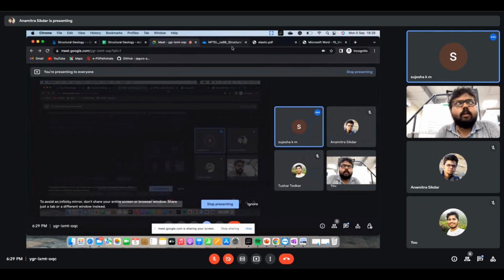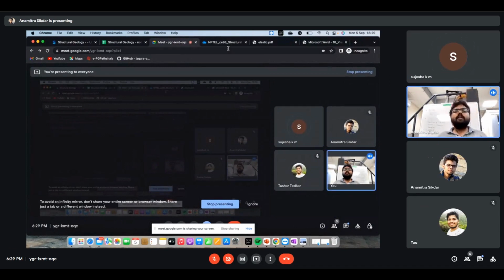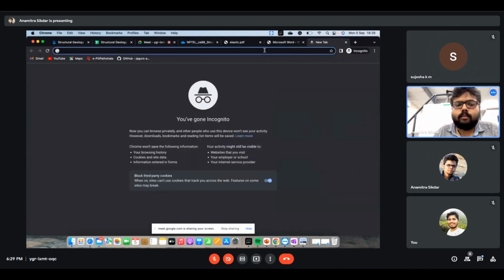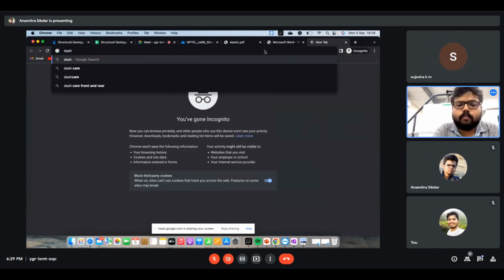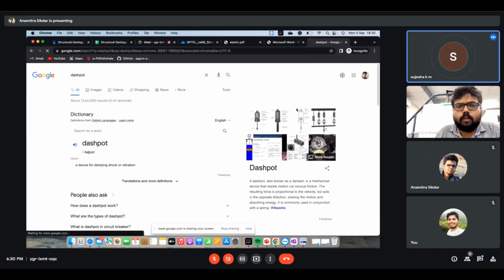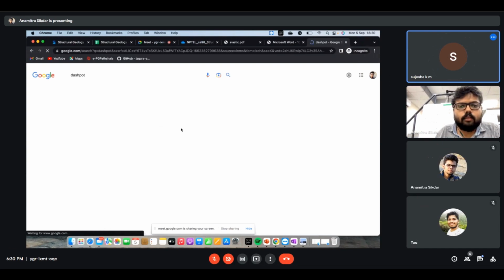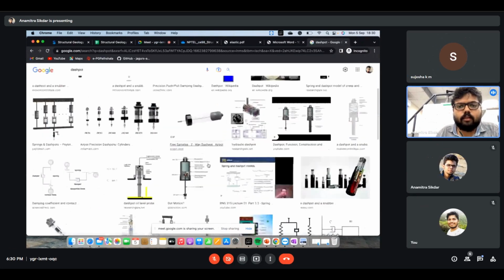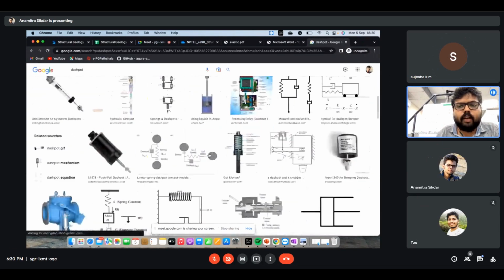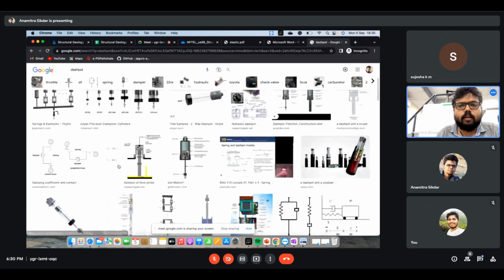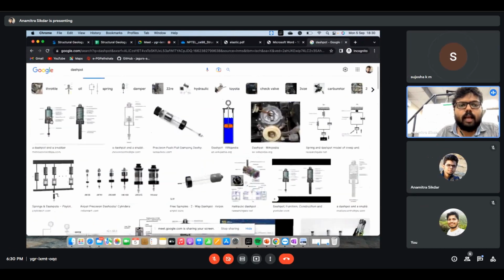Not clear, sir. Okay, so it's a kind of device that is installed in doors. All right. So there is one piston, and you have some kind of fluid inside, like this one, right?